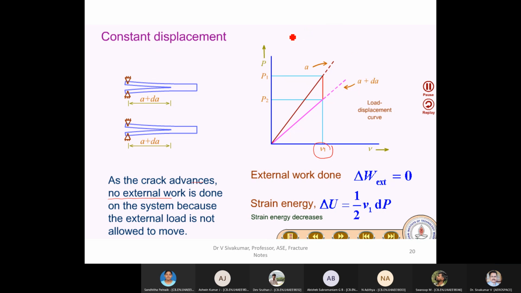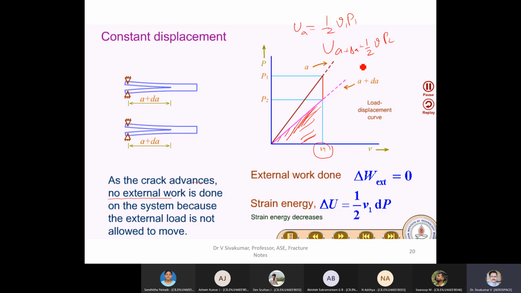What is the strain energy in this case? Half into V1 into P1, for crack length A. In the next case, the strain energy for A plus delta A is this area, half into V1 into P2.